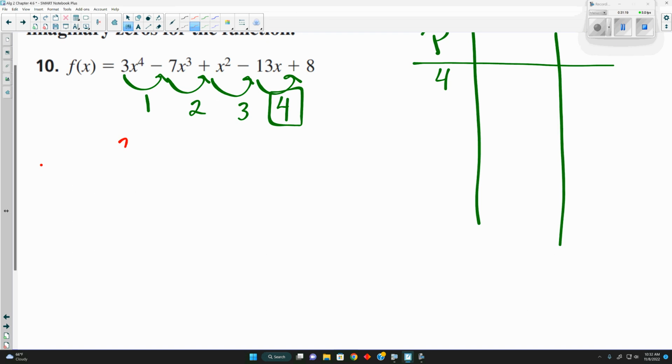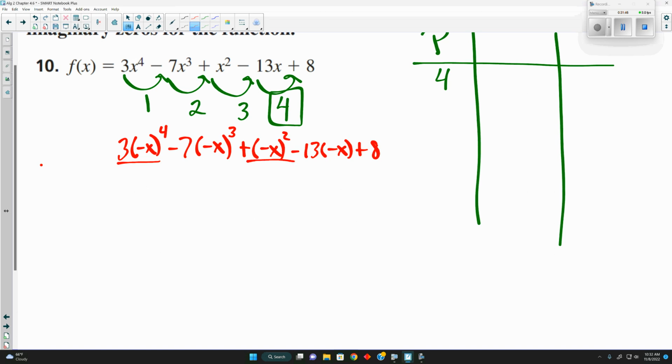Now for our negatives, we're going to have 3 times negative x to the fourth, minus 7 times negative x to the third, plus negative x squared, minus 13 times negative x plus 8. We can't use the calculator because it needs a value for x. But if the power is even, the signs are going to stay the same because a negative times itself an even number of times is going to be positive.